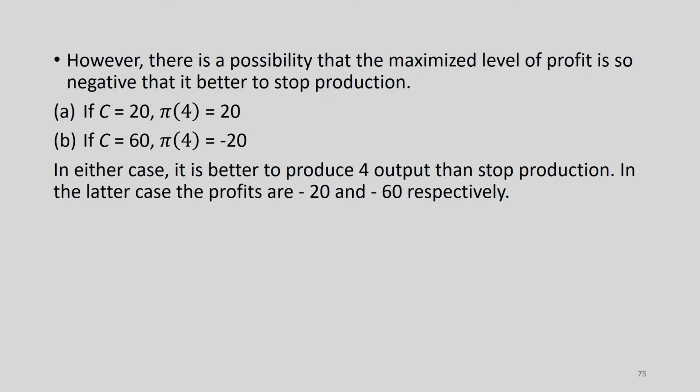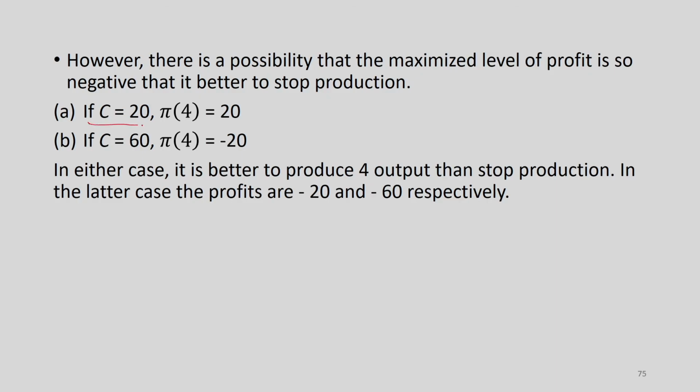Okay. At that point of time, it may be possible that it is better to stop production, right. Rather than producing Q is equal to 4, if you produce Q is equal to 0, maybe the profit will not be that bad. Okay. That is a possibility. Let us see whether that is correct or not in this case.